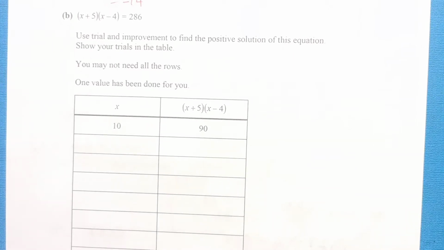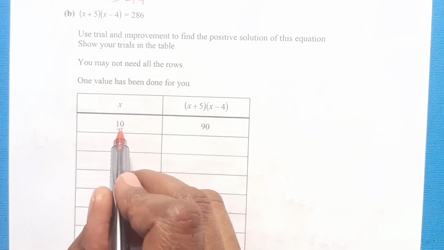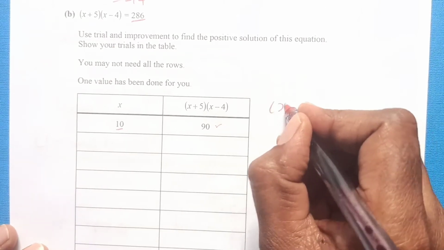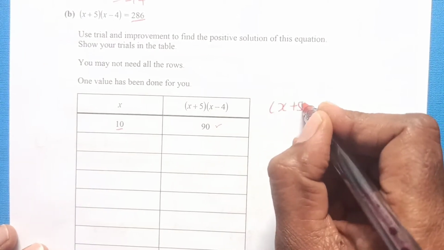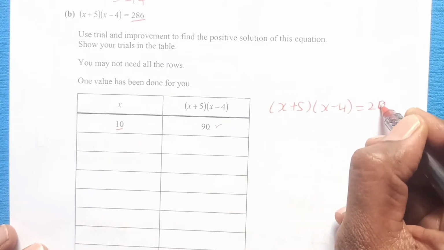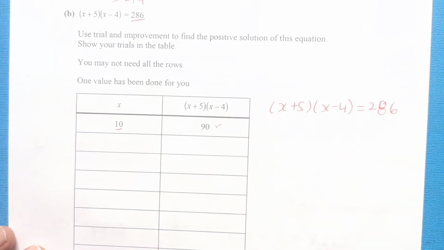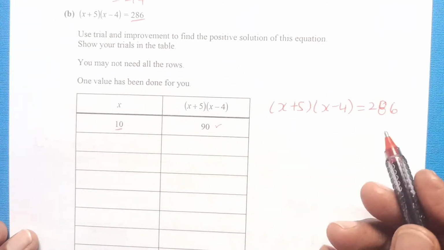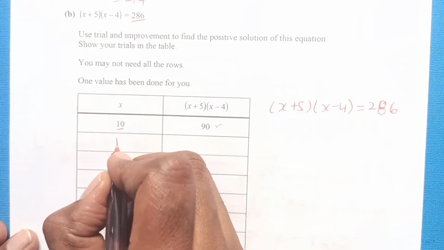If we take the value of x as 10, we get 90, which is quite low compared to the value required. We need its value to be 286, right? So if x is 11, that means we are going to take a higher value. So let me take 11.